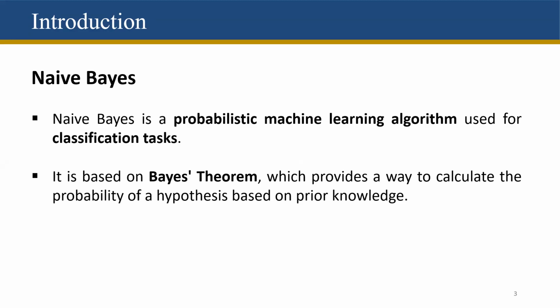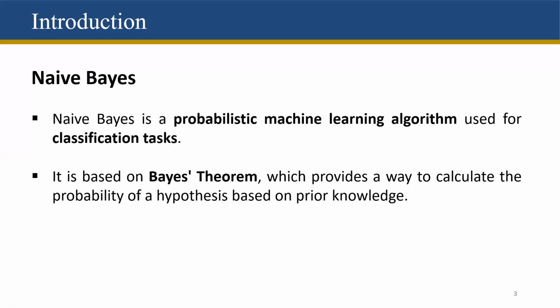And at the time we were exploring them, we only looked at classification. Later on, we are going to look at regression. But with the naive Bayes, we're only looking at classification. And there's something interesting I've highlighted over here, which is that it is a probabilistic machine learning algorithm.